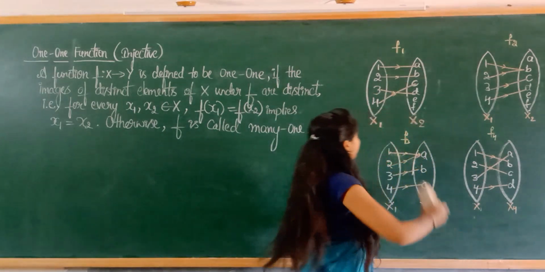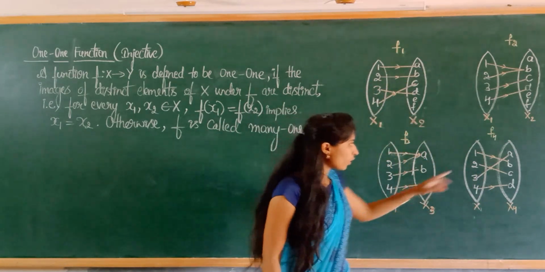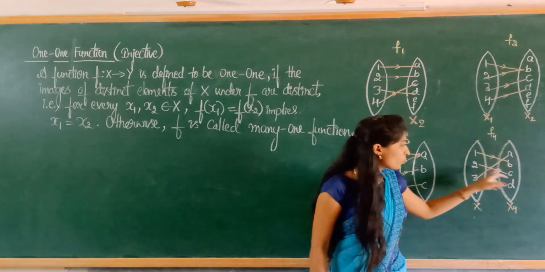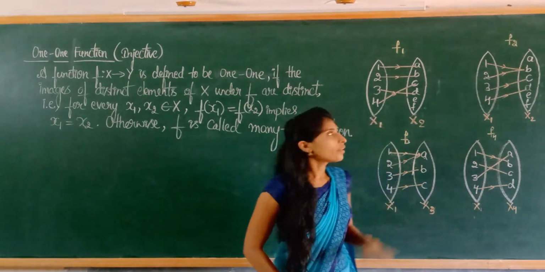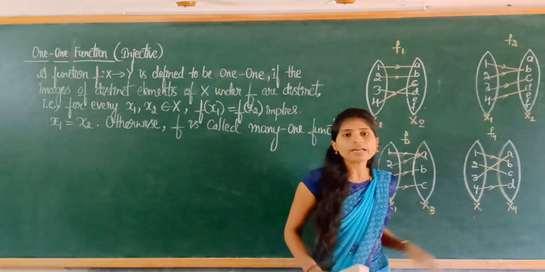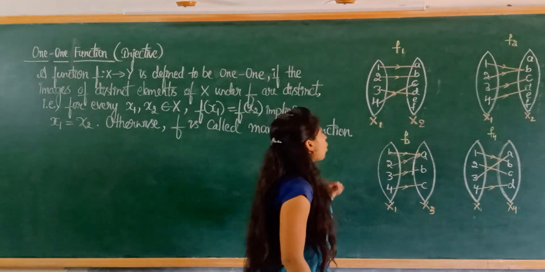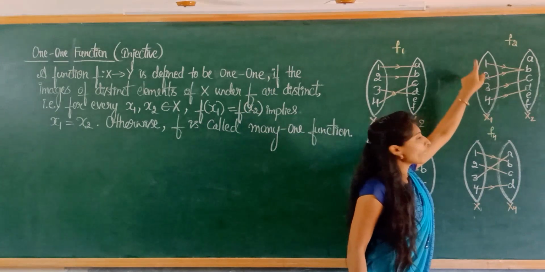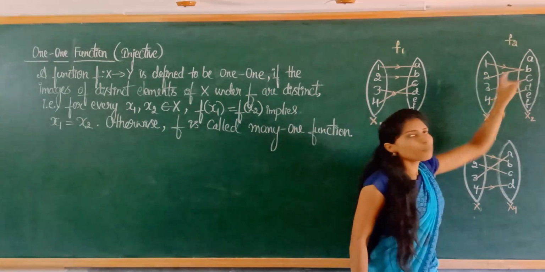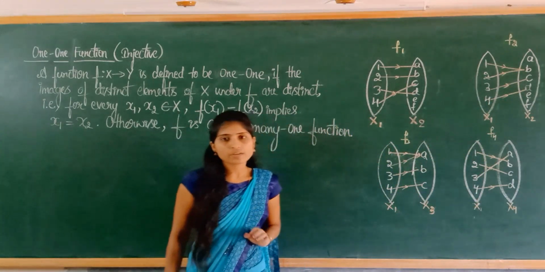Here all the elements have different or unique images. One is related to B, 2 related to C, 3 related to A and 4 related to D. Here f1 and f4 are examples of one-one functions, and for many-one functions you see f3 and f2. Here also 1 and 2 are related to B. So f2 and f3 are many-one functions.